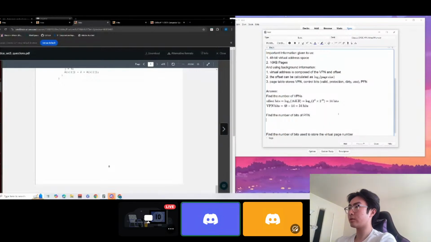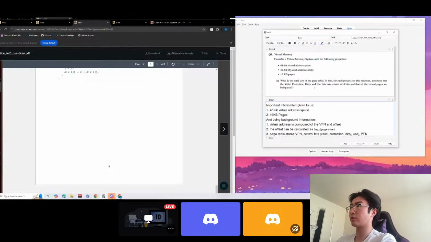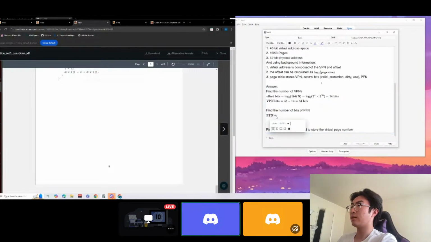Yeah, this one's a bit hard. So the PFN is equal to, okay, we actually do need the physical address space, the 32-bit physical address. So PFN bits is equal to 32, and we subtract the offset, which is the same.